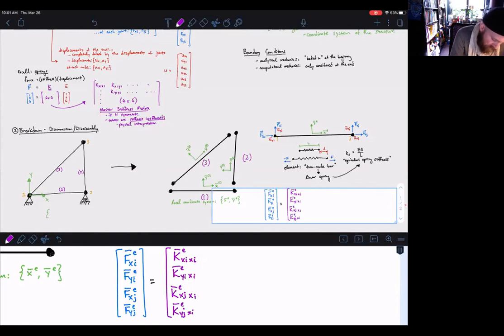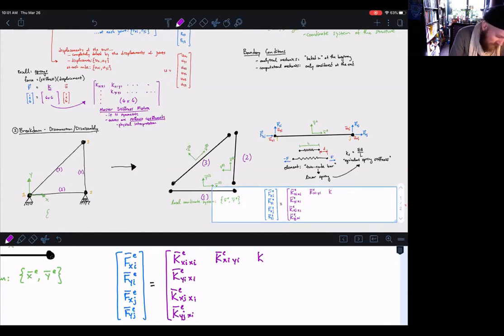And we can keep going, K xi yi, K xi xj, and K xi yj.